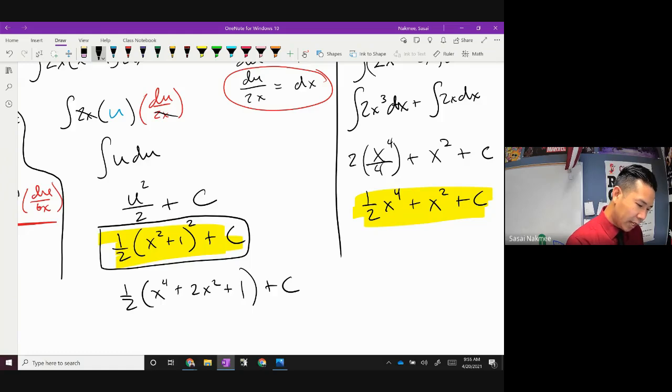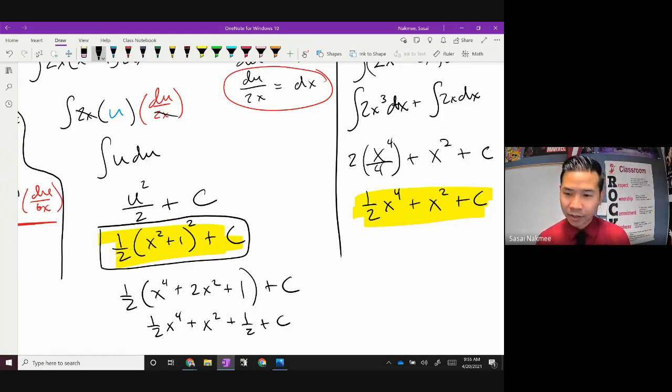When you distribute the 1/2, this becomes 1/2 x to the 4th plus x squared plus 1/2 plus c.